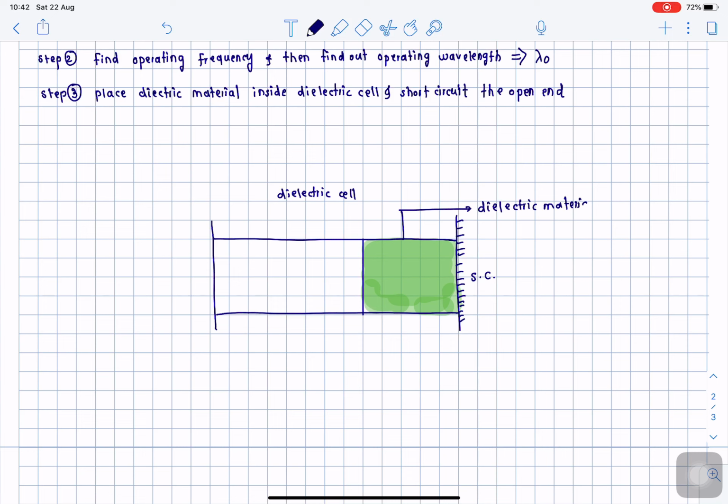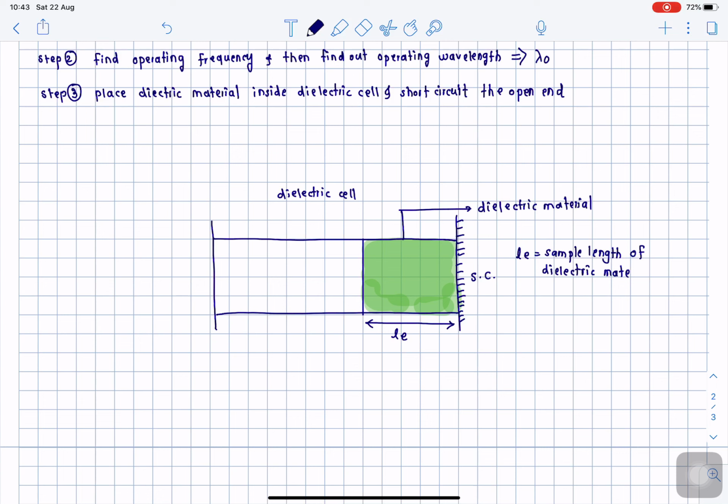The sample length of the dielectric material should be sufficiently large, and it should be properly placed inside the solid dielectric waveguide, with the other end of the cell short circuited. This sample length is indicated as L e, where L e is the sample length of the dielectric material whose dielectric constant we want to measure.